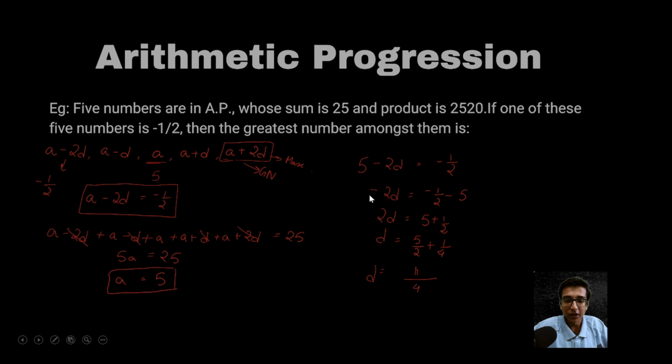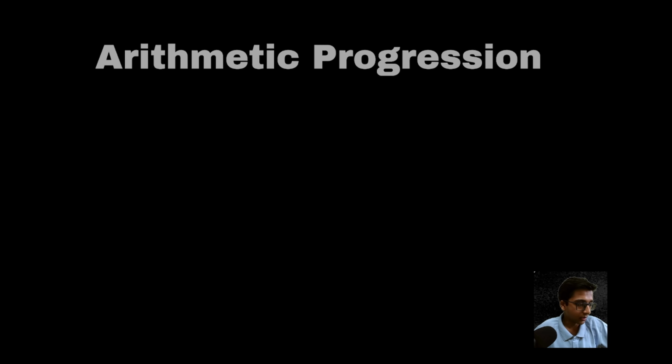Now we were to find out the greatest number amongst them, of course. Let's do it here. We know the first term is minus half, the second term is A minus D, where A is 5, and the last term is A plus 2D. We need to find out this value, and D we found out to be 11 by 4.